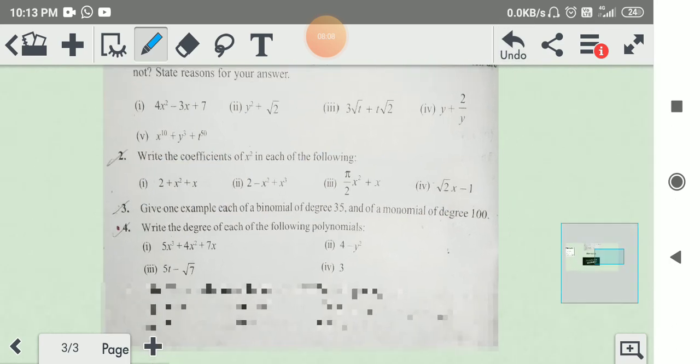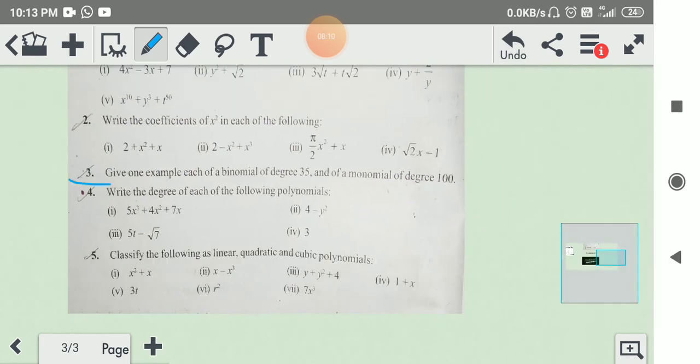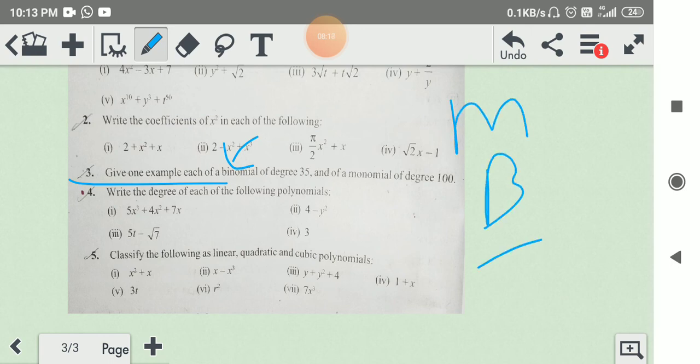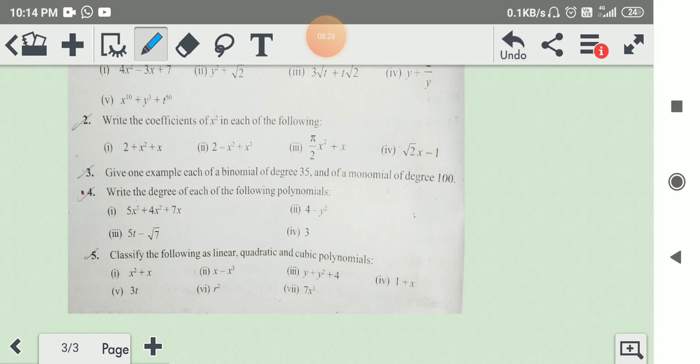Now question number 3, write an example of a binomial. Binomial means, I repeat, mono, bi, tri. Mono means 1 term, bi means 2 terms and tri means 3 terms. So we write examples of binomials whose degree is 35. Suppose a to the power 35.